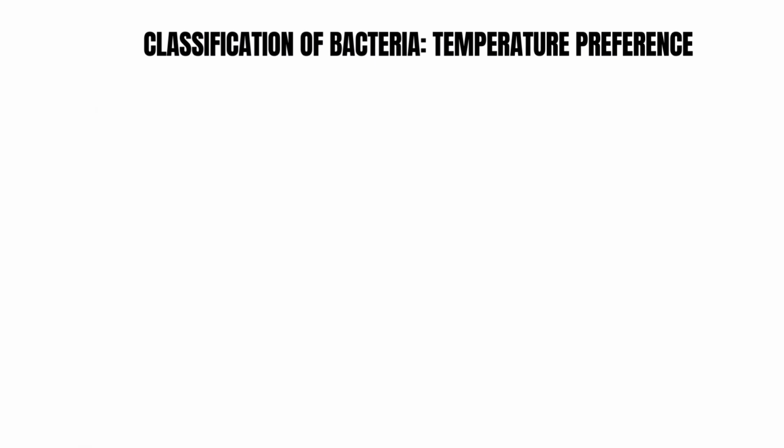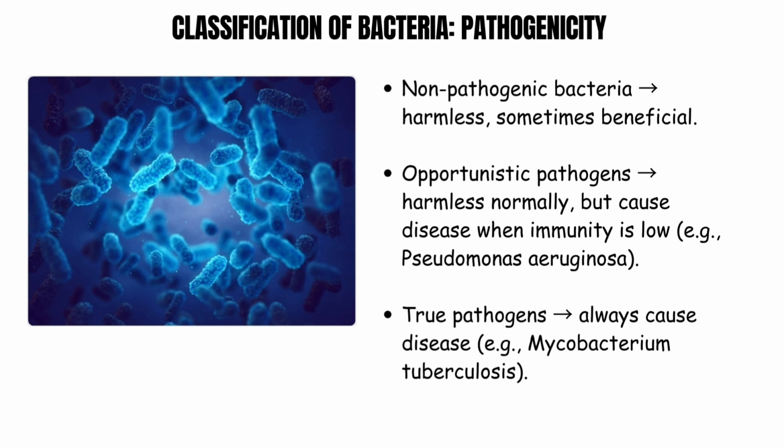We also classify bacteria based on their pathogenicity. We have the non-pathogenic bacteria, which are harmless and sometimes beneficial. These are bacteria that are normal to our physiological systems. They are the bacteria that are in the microflora or in the natural microbiomes of the organs of the body, especially in the GIT.